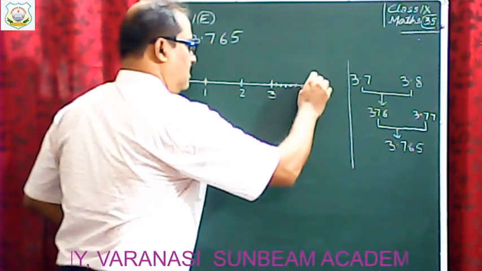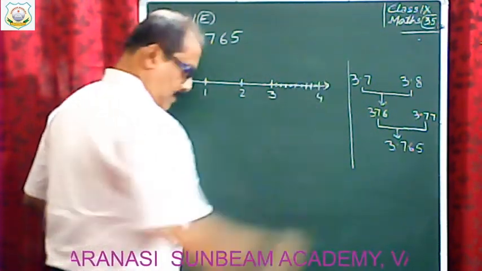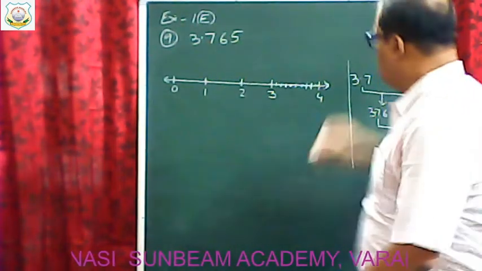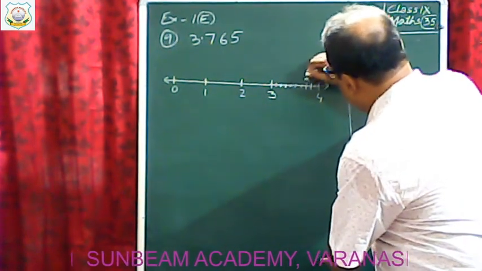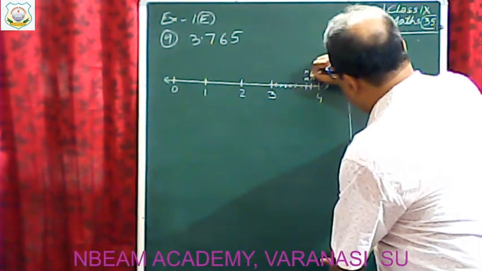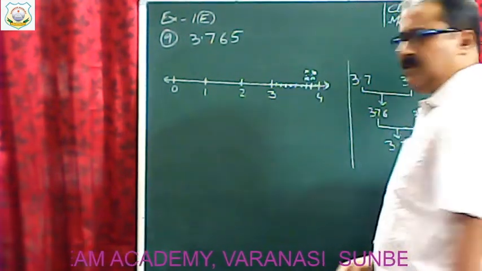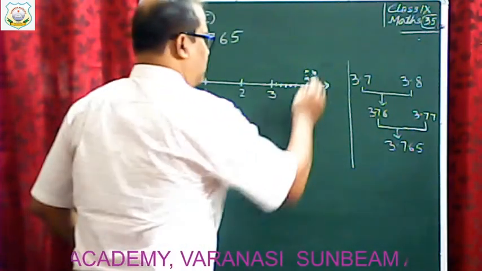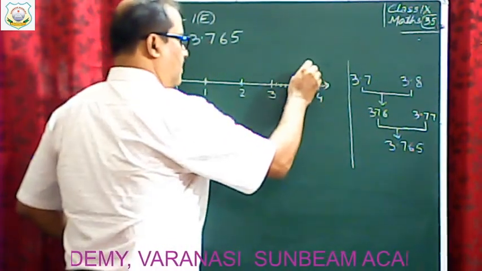Write in this way. Let me do this side first. This is 3.7, 3.8. Okay. 3.7, 3.8 we get on number line.